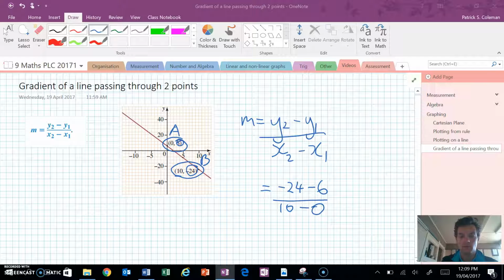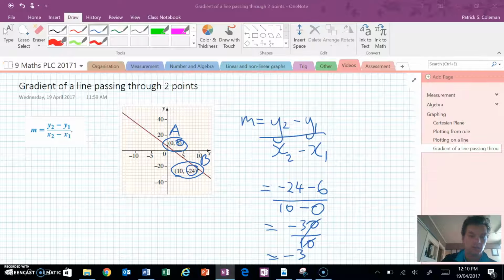Pretty simple here, we end up with negative 30 over 10, and we can simplify that to be negative 3. So the gradient of this particular line is negative 3, m equals negative 3.